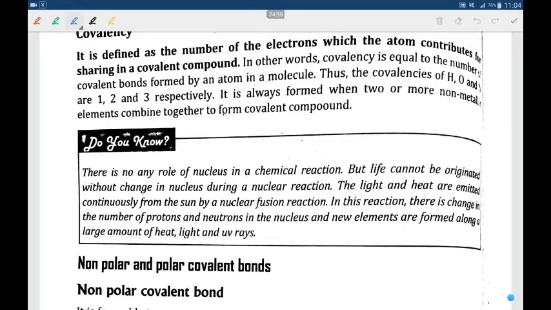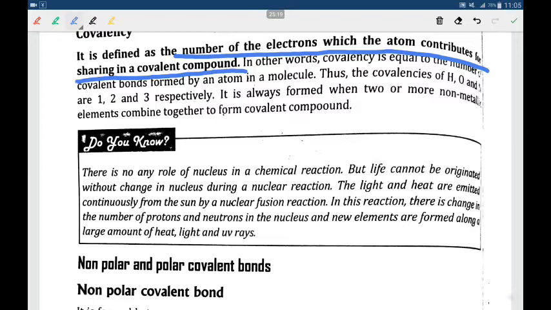The number of electrons an atom contributes for sharing in a covalent compound is called covalency. While forming covalent bond, how many electrons are contributed, shared, that is called covalency.